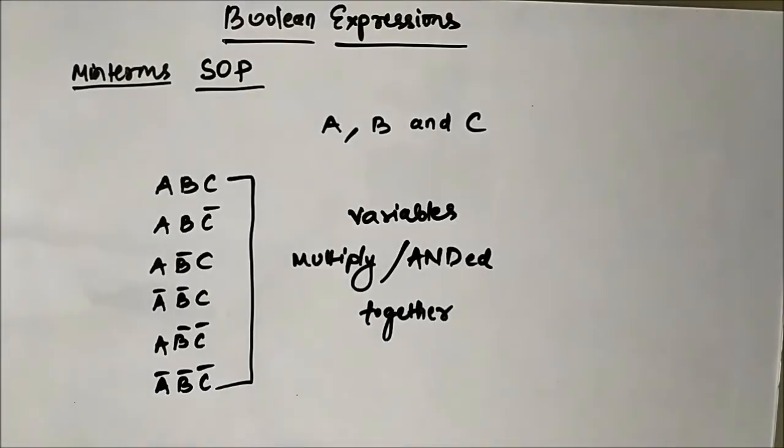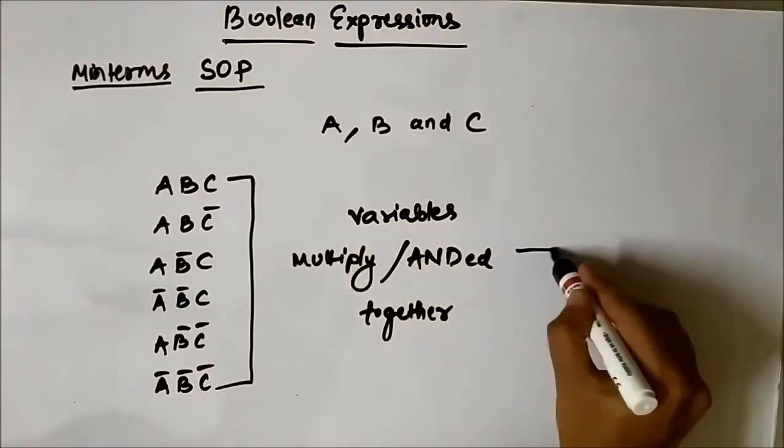So a min term is a boolean term which consists of one or more boolean variables multiplied or ANDed together. That is what a min term is.